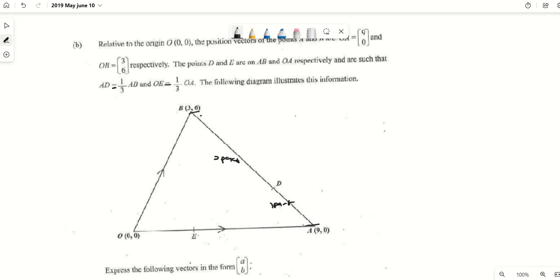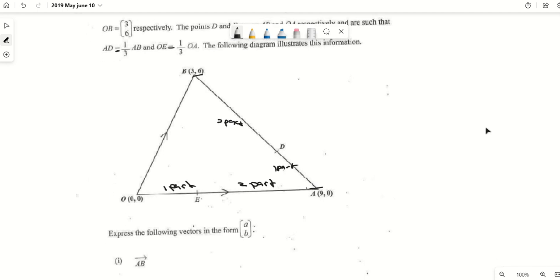And OE is equal to a third of OA. So same thing, OE would be 1 part, and EA would have been 2 parts, right?